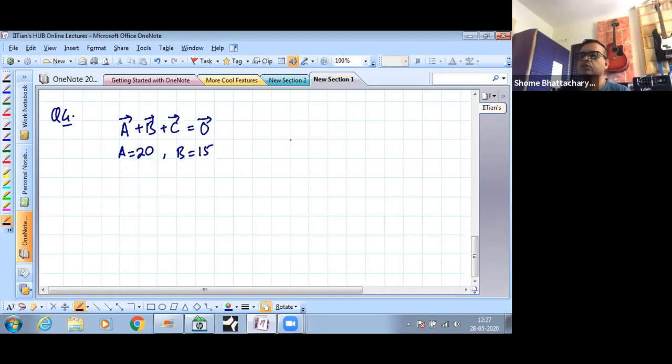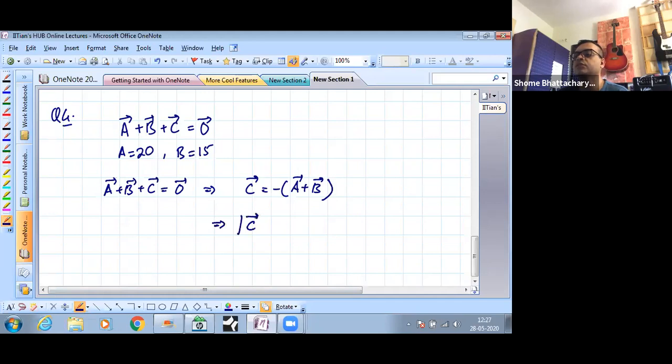What you have to understand here is that the above statement, A plus B plus C is equal to 0, also implies that C is equal to minus of A plus B. Which also means that the magnitude of C, if you take mod on both sides, the minus sign gets cancelled out.